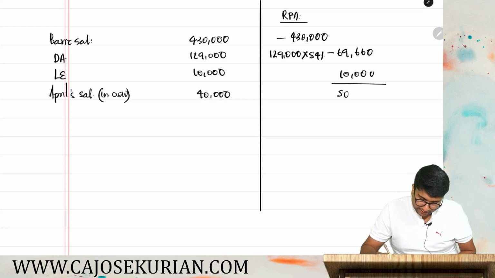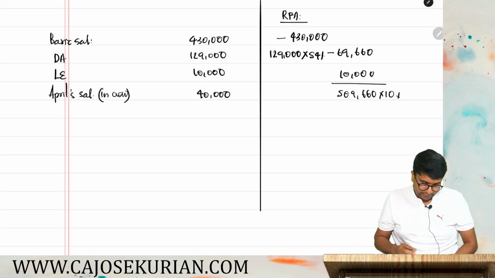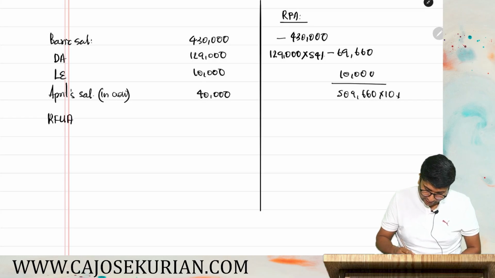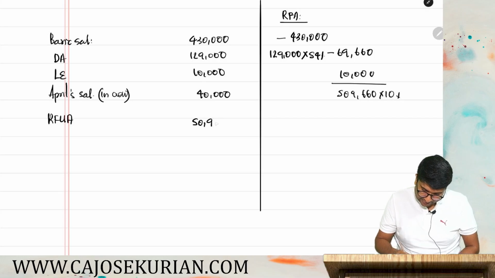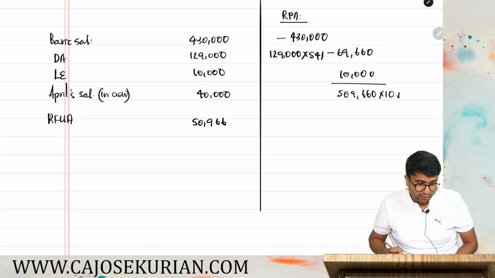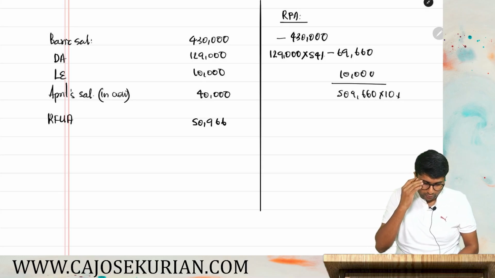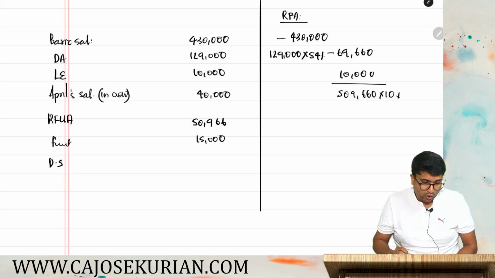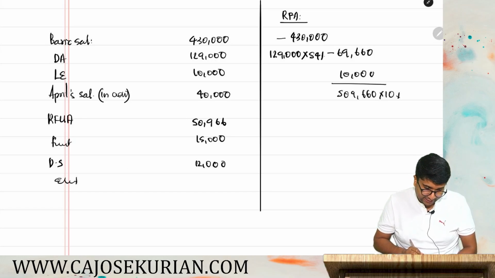So 5,09,660 into 10%, and the rent-free unfurnished accommodation value shall be 50,966 for that respective house. Now, furniture we have already valued at 15,000. Domestic servant we have already valued at 12,000. Electricity we have already valued at 48,000.